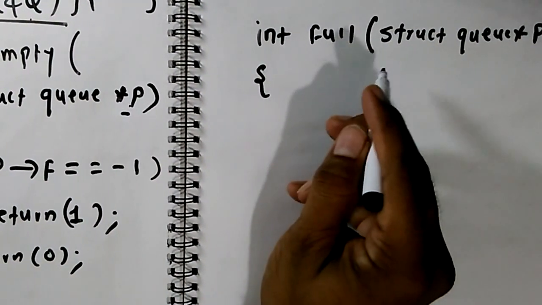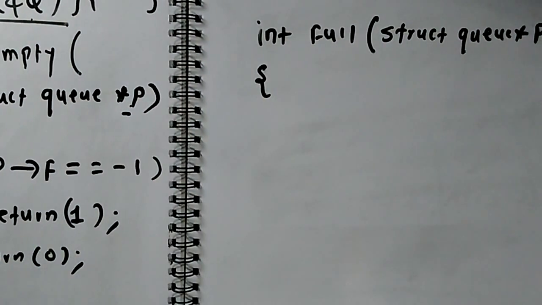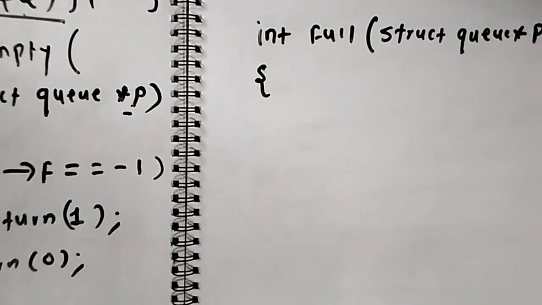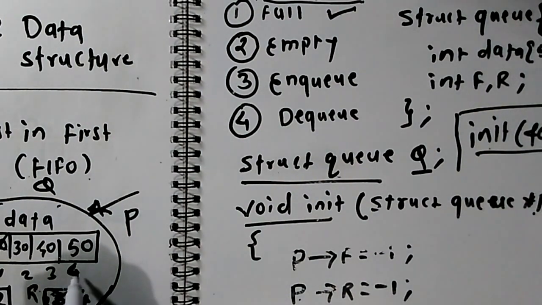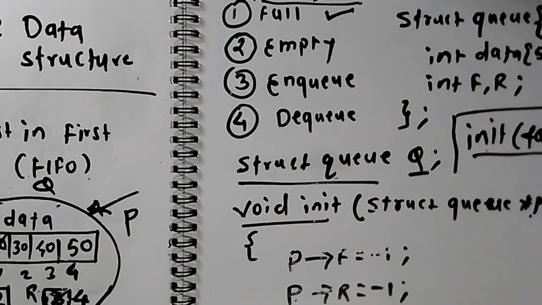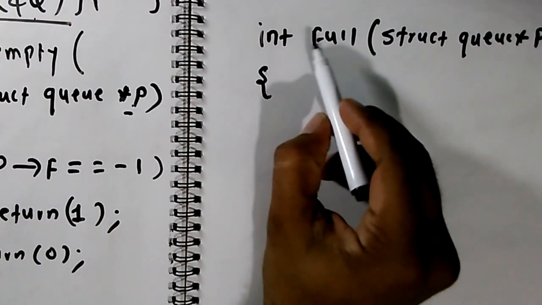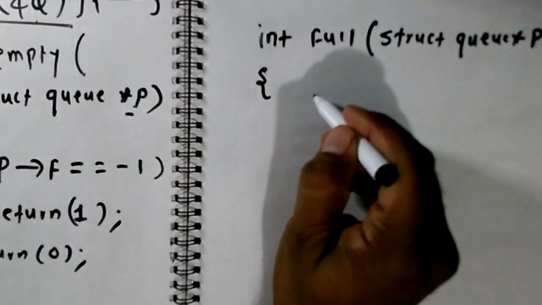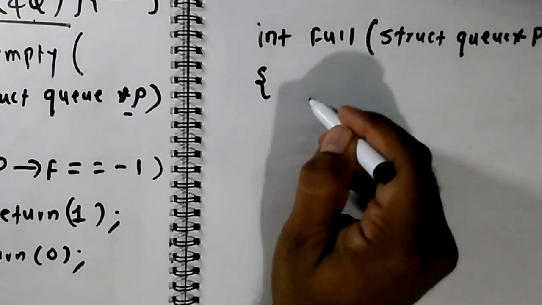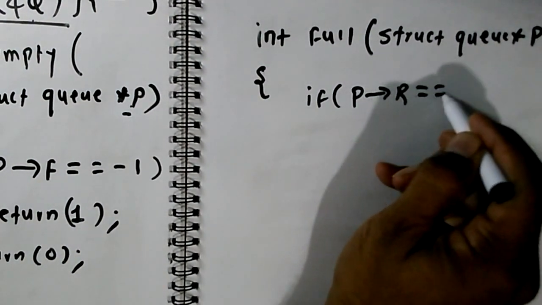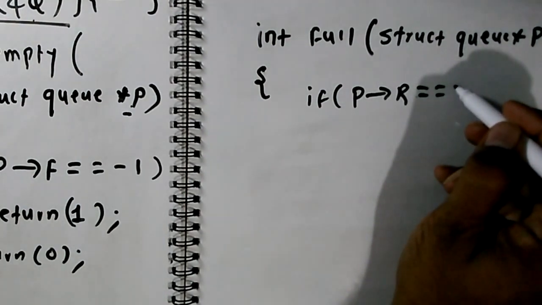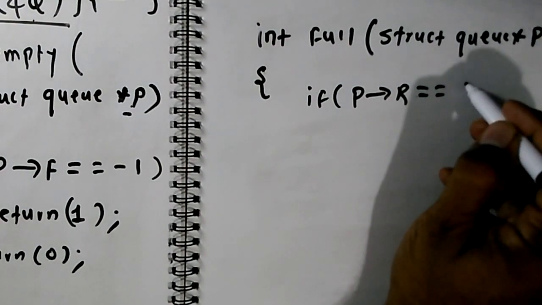So the queue full condition is the rear is equal to the size of the array. If the size of the array is 5, the last location will be 4. That means if rear is equal to 4, the queue is full. I'll return 1 in that case. So here, let's assume the size of the queue is 5, so the last location will be 4. Now here the size of the array is 5, but in general let's say the size of the array is max.